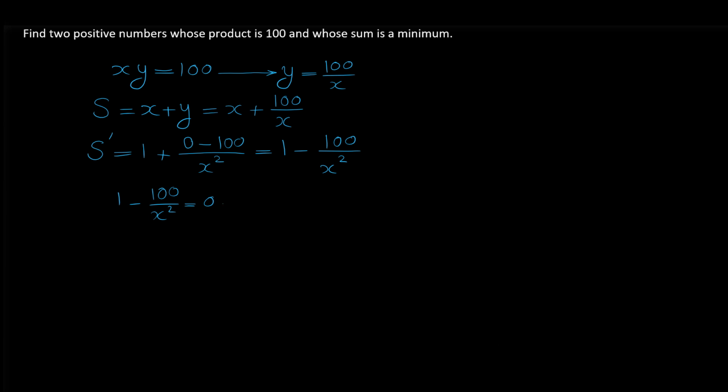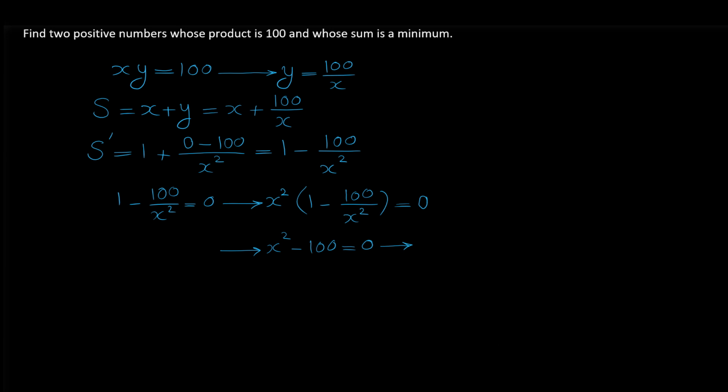If we multiply both sides by x^2, we have x^2 times 1 minus 100 over x^2. If we multiply the right side by x^2, because it's 0, it's again 0. x^2 times 1 is x^2, and x^2 times 100 over x^2, x^2 and x^2 cancel each other and negative 100 remains, equal 0.